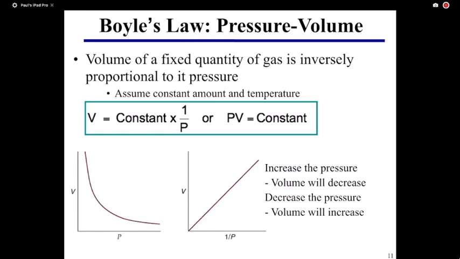Now, we have to assume these two things: we have a constant amount, we don't change how much gas is in there, and the temperature doesn't change. As long as the temperature doesn't change, as pressure goes up, the volume goes down, or vice versa. Okay, got that? Boyle's law.